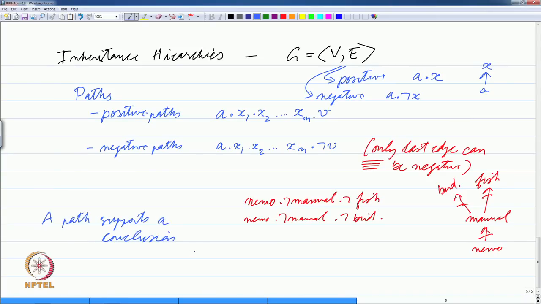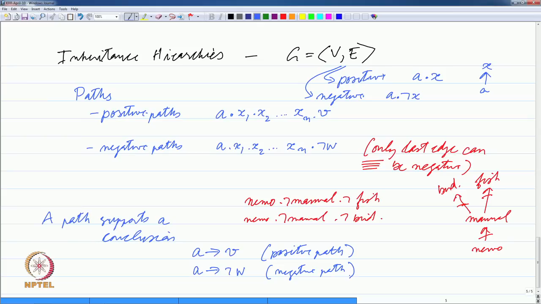So, for a positive path, in this example we can say that it supports that A is a V, so let me change that V to W just to distinguish between the two paths, and the second conclusion is A is not a W. This is in general what paths are used for essentially.